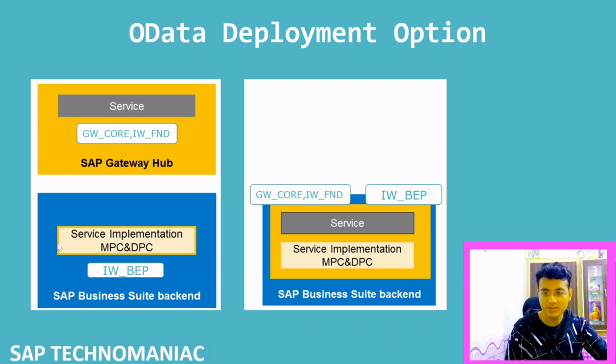The first is called central hub deployment, and this is called embedded deployment. We are not having a separate system to maintain the OData services. Within this one system we are doing everything, whether it is ECC, BW, SRM or CRM.